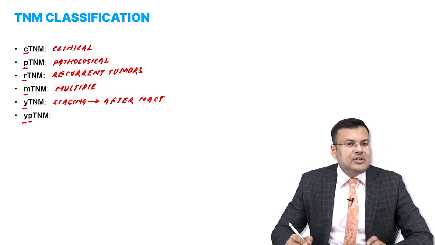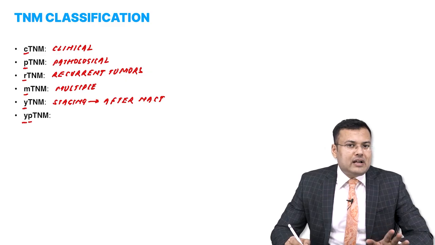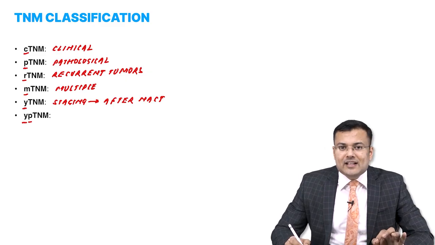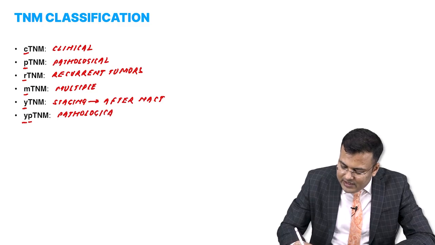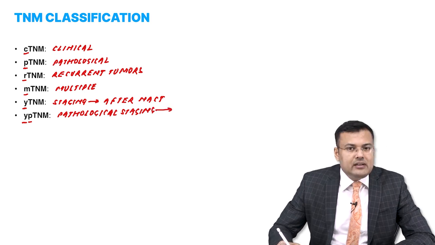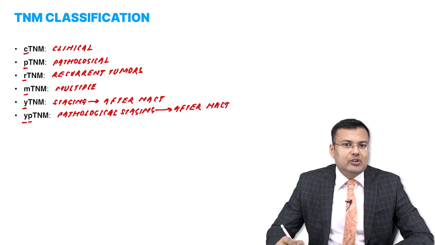Y means the patient has received neoadjuvant chemotherapy and you are doing which kind of staging? Pathological staging. Got it? So YPTNM is pathological staging done after neoadjuvant chemotherapy.